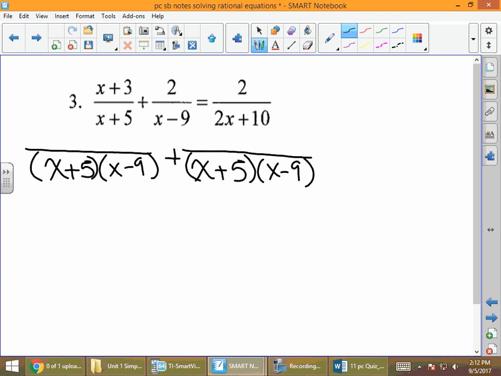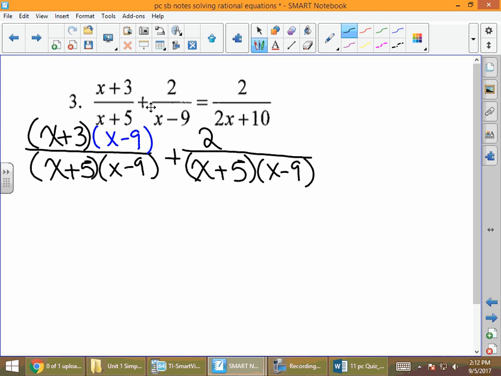And we can ask ourselves, do we have anything in the denominator that wasn't in there before? Well, the x plus 3 is still there. And then we have our x minus 9. Same way on the next fraction, our 2 is still in the numerator.